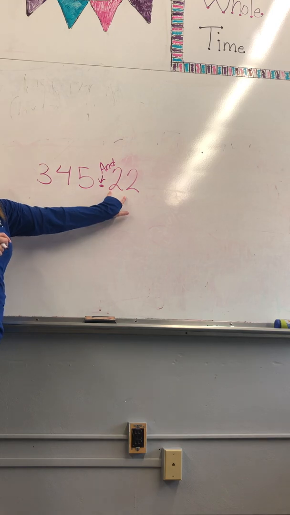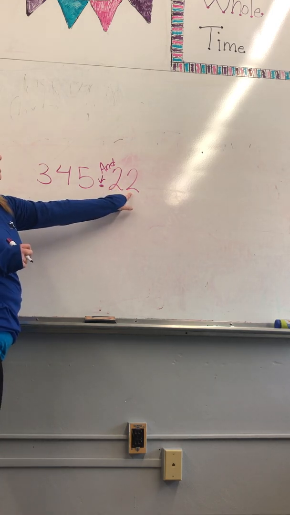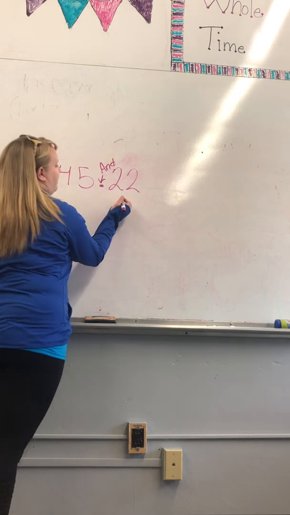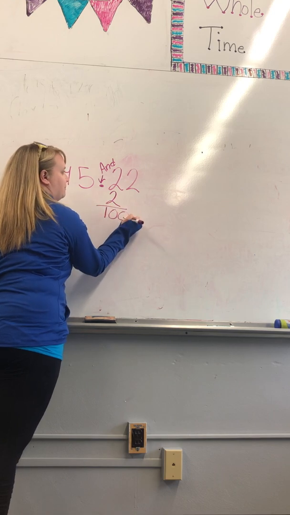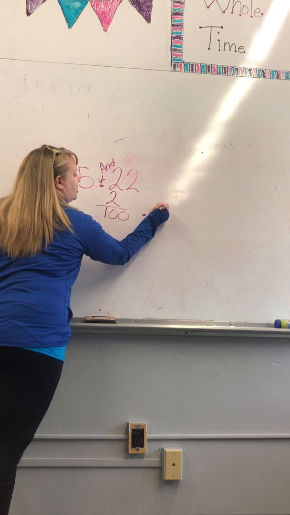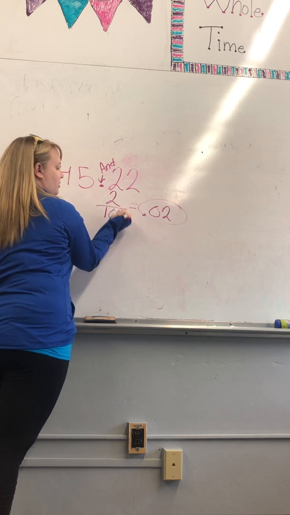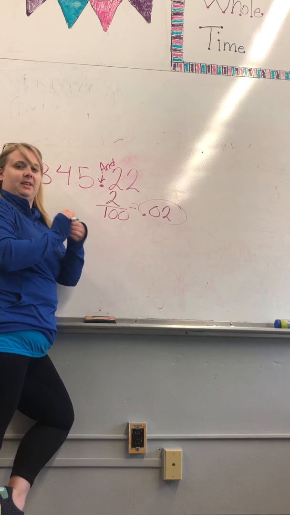If I'm going to write the value of each of these 2's, this 2 is in the hundredths place, so I would write 2 over 100 or 2 hundredths. These two numbers, 2 over 100 or 2 hundredths, equal the exact same thing.